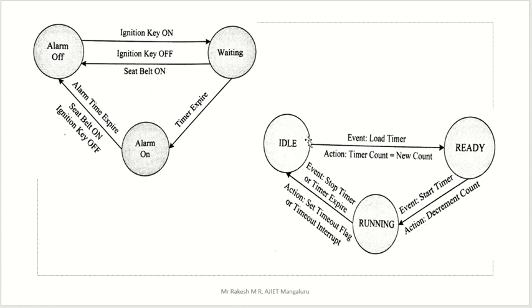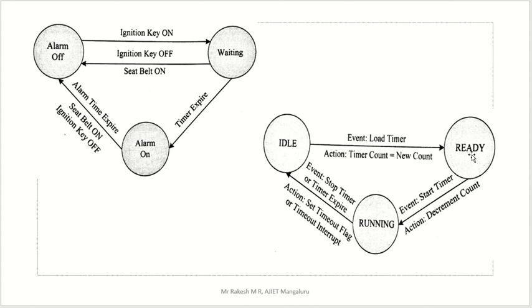You are opening your vehicle and switching on your vehicle. At that time the timer is loaded, and the action taken by the state machine is that the timer count will be set. The event is load timer, and the timer count is set here.